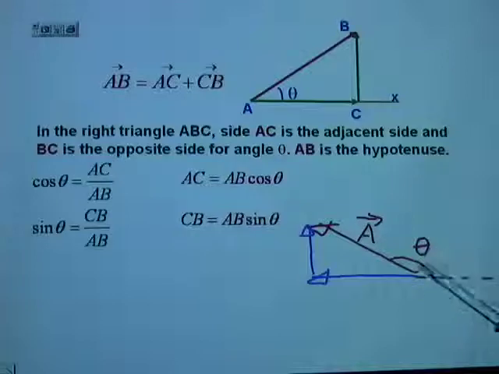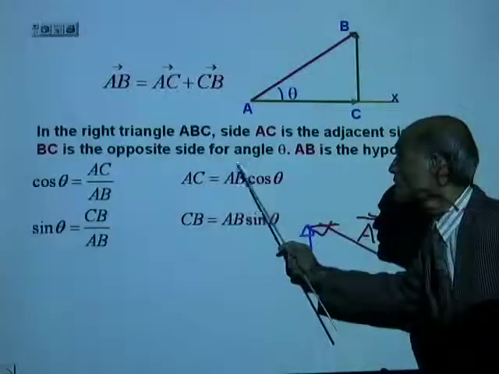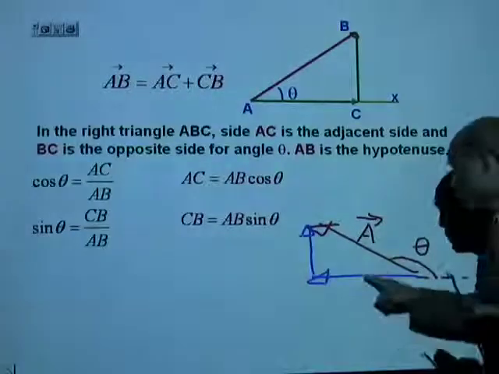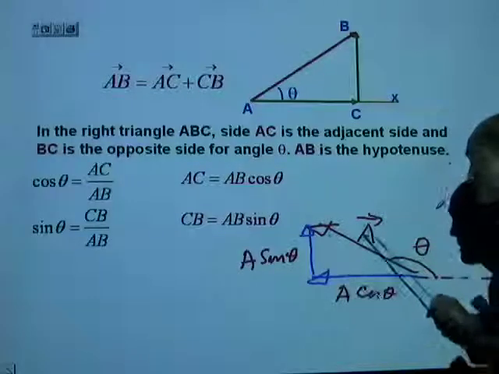Therefore, what is the x component? Now, the x component is the vector times cos theta. So, this x component will be vector A times cos theta, and the y component will be vector A times sin theta. Now, you must be very clear about it.